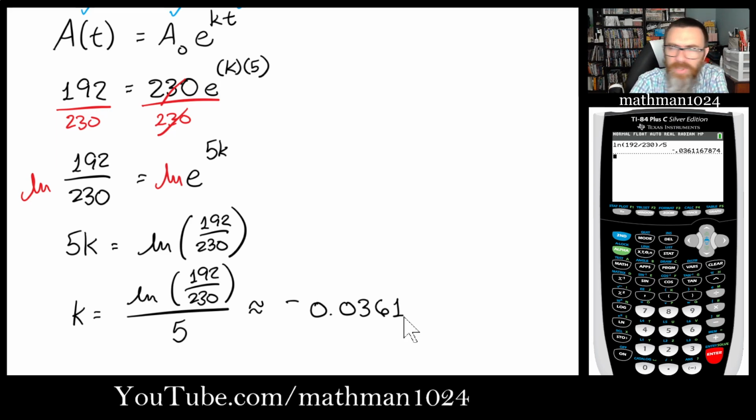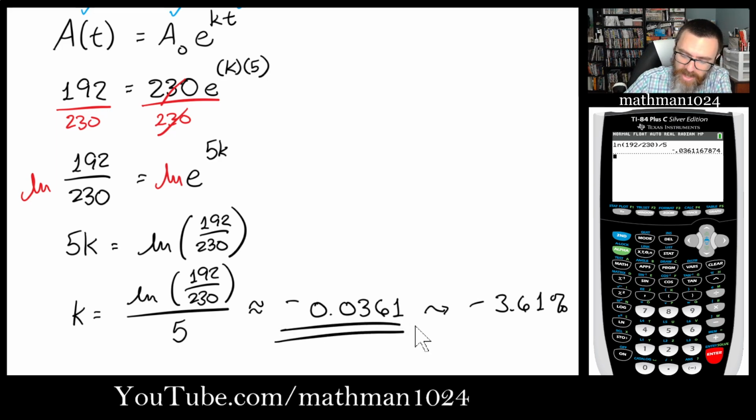Let's go to 4 decimal places. I think that'll be good. So this is my rate of decay. So in other words, about a negative 3.61%. But here, this is your main value that you want to use for k. We're just trying to turn it into percent so we can maybe understand it a little bit better.